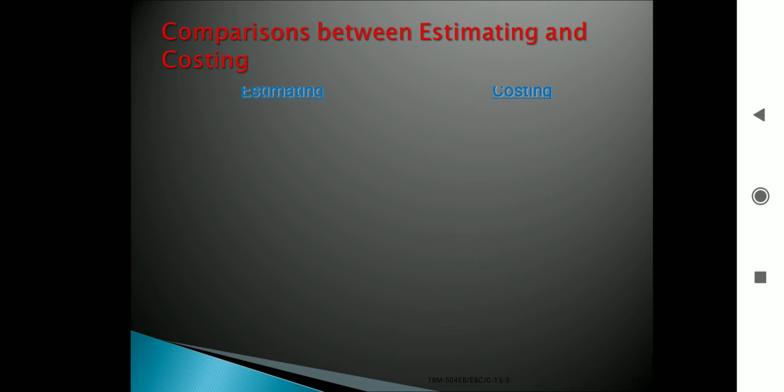Next is the comparison between estimation and costing, which is very important for 3 marks. Estimation is done before production, and costing is done after production. First, estimation: calculating the amount of a product before manufacturing starts is known as estimation.